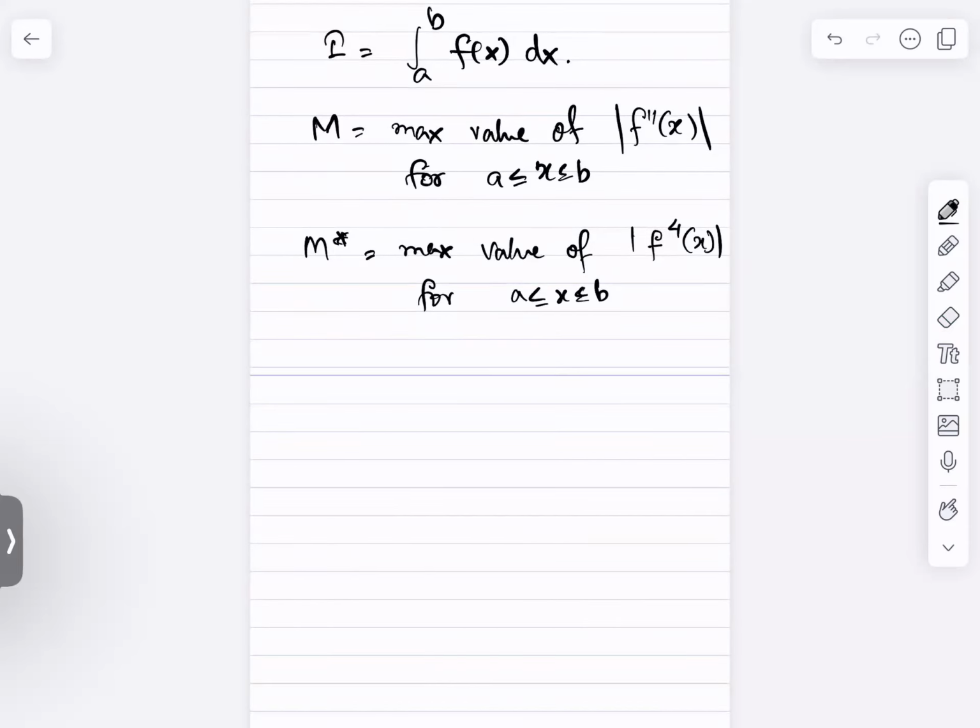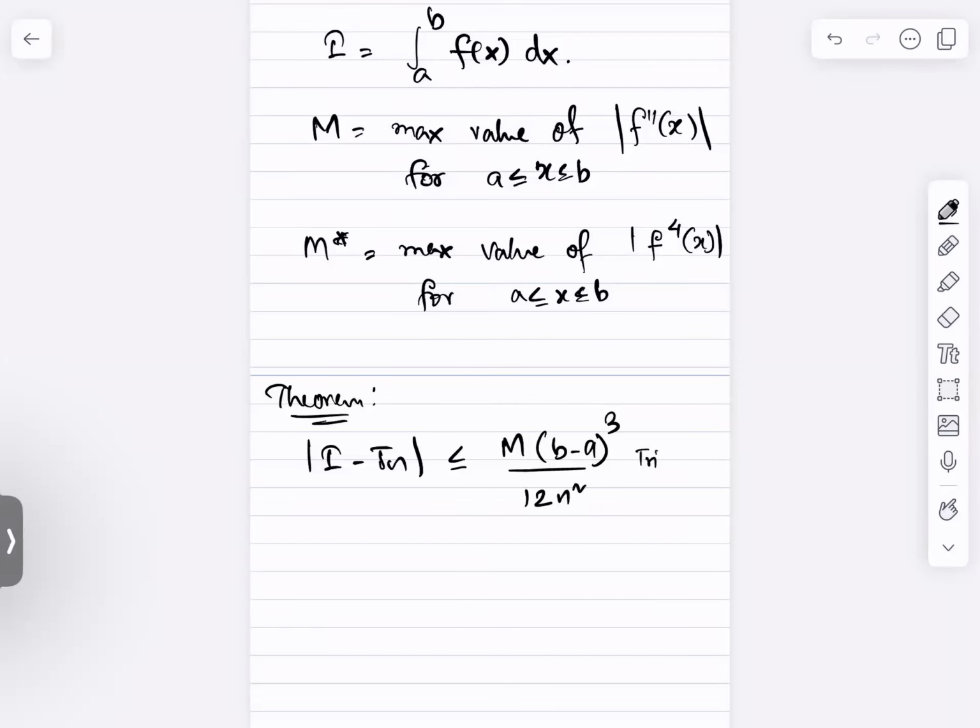Then the formula to calculate the error, let's call it a theorem: the absolute value of I minus Tn, where T is trapezoidal, is less than or equal to M times (b minus a) to the 3rd over 12 n squared.